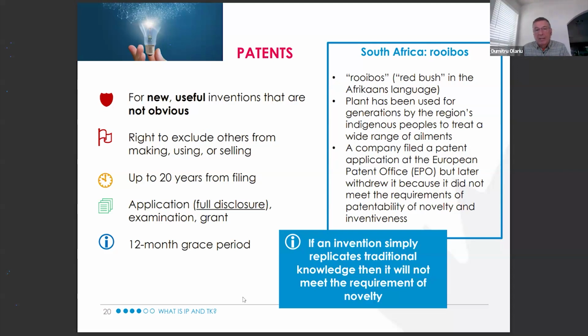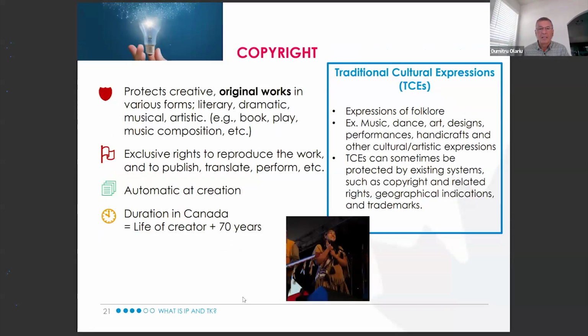There is a 12 months grace period before applying, in the sense that you may publicly disclose the invention, give information about how to build the invention, but still have the possibility to apply for a patent and get the patent granted to you. In Canada and the United States, this 12 months grace period works. Pay attention to other jurisdictions. Next slide, please.